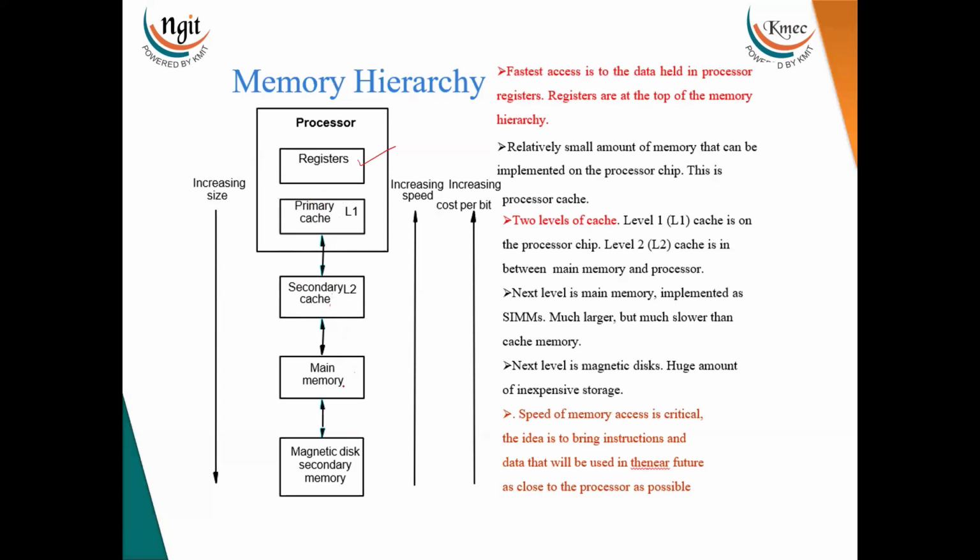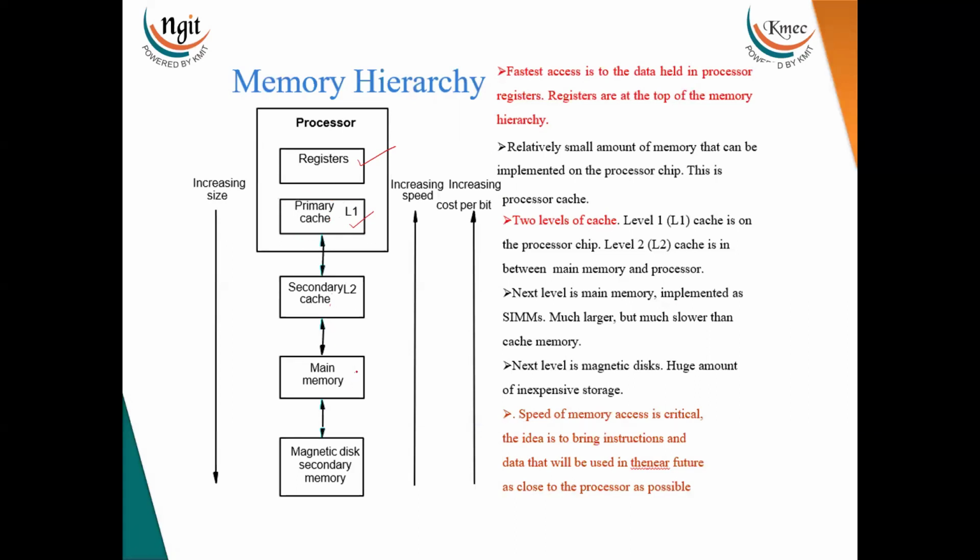This is the most used memory hierarchy. The caches are very small in size but faster in speed, and we use them to store recently used data, which the processor uses for execution.